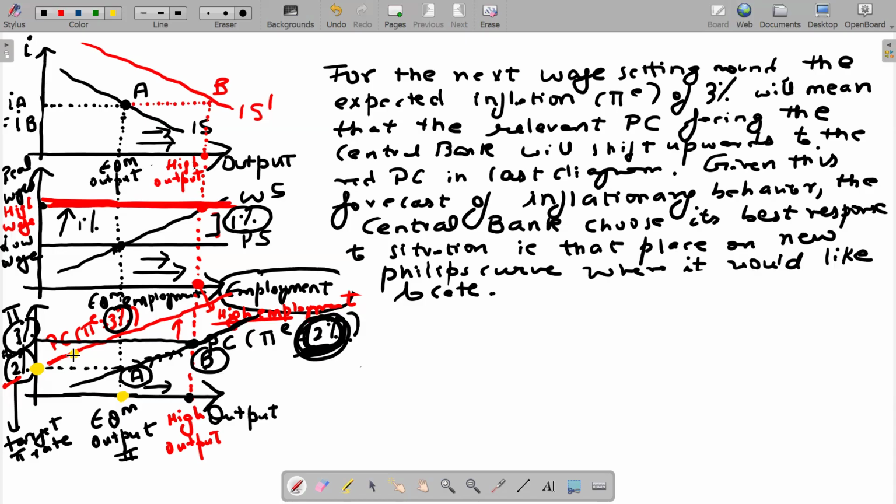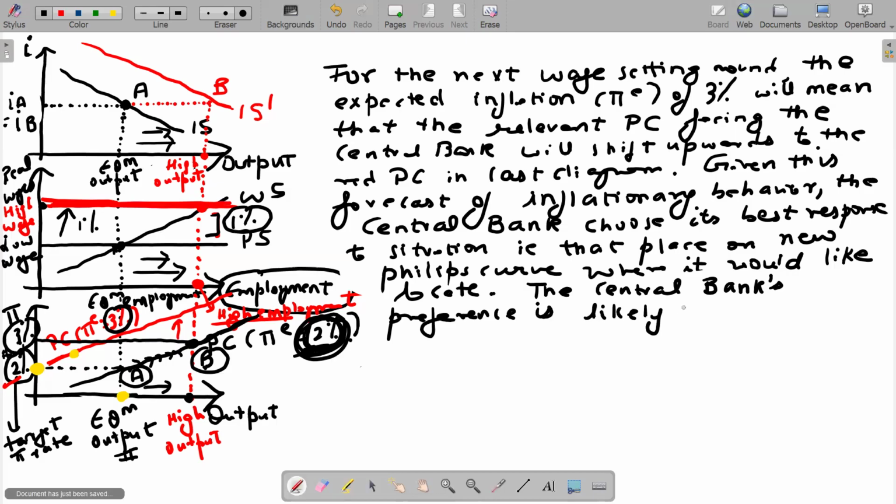Okay, so I can make our students write this point, or I can write the central bank's preference is likely to be for a balanced response. The central bank can't be one-sided, saying let me achieve only target inflation or only equilibrium output.